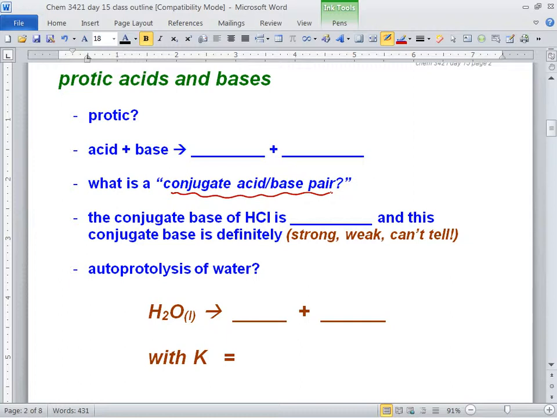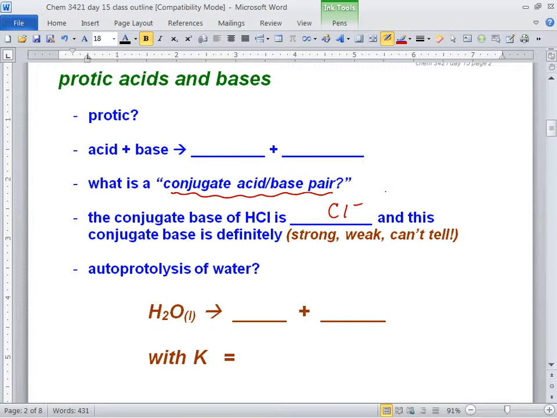Okay. For example, the conjugate base of HCl is Cl minus. Now, this conjugate base is definitely what? Weak. How did he know that? Because HCl is strong.